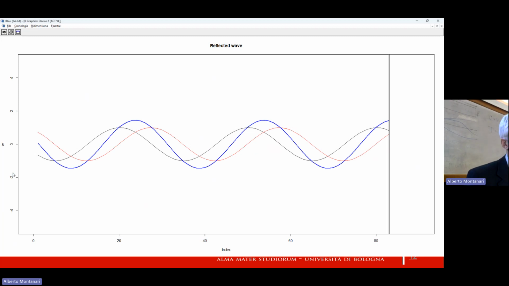Okay, and this is the effect of the reflected wave. So basically, when you have the reflected wave going back, you see that indeed you get the situation that we expect from the open basin. This is the reflected wave. And this is generated with this simple code in R.